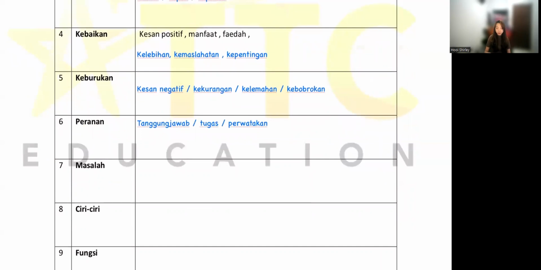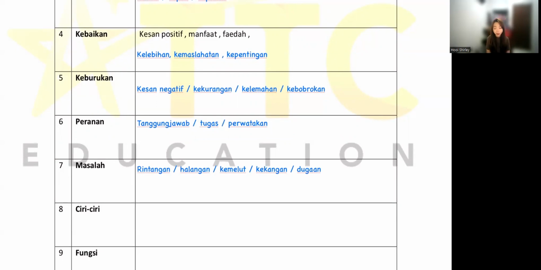For problems, we have obstacles, rintangan, halangan, kemelut, kekangan, dugaan. Dugaan means uncertainty. So for these uncertainties, we usually refer to the bad side.